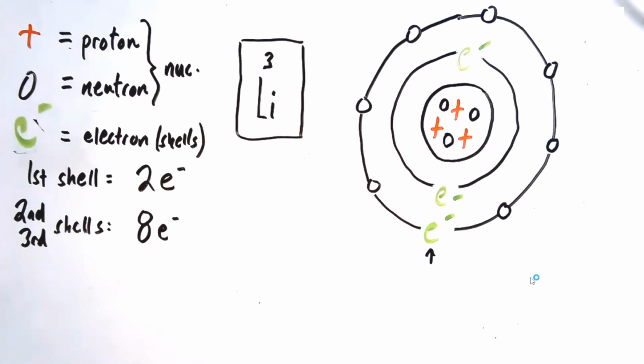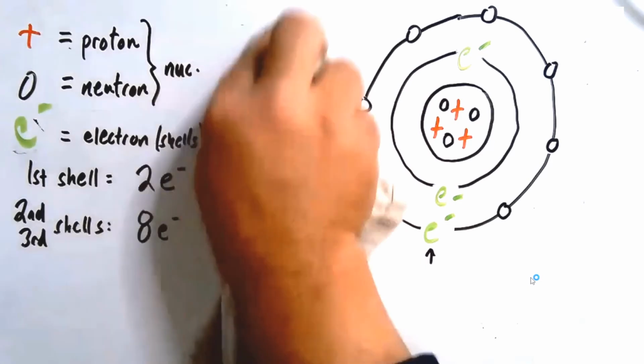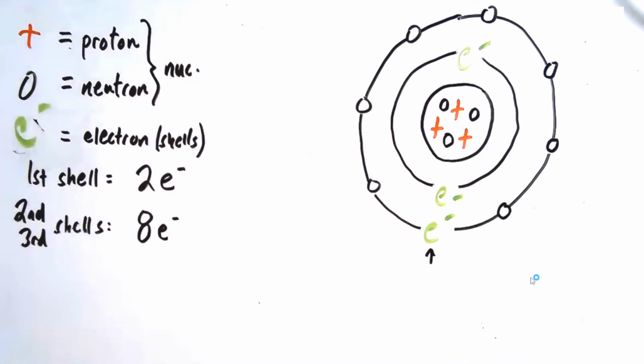So I'm about to erase the symbol for lithium. And then I'm going to erase the drawing for lithium. I'm going to make another drawing. And it would be nice if you could follow along and tell me after I make the drawing what element it is. Of course, to figure that out, you'd need to look in your periodic table.